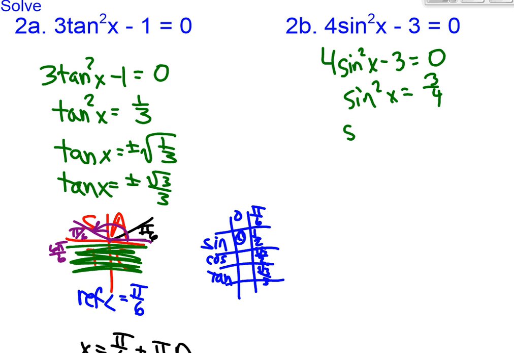Square rooting both sides, sine x equals plus or minus. Can I just say it's the square root of 3/2? Is that okay with you? Square root of 3/2. And so now in this one, I have all students take calculus. What's my reference angle for sine to be the square root of 3/2?